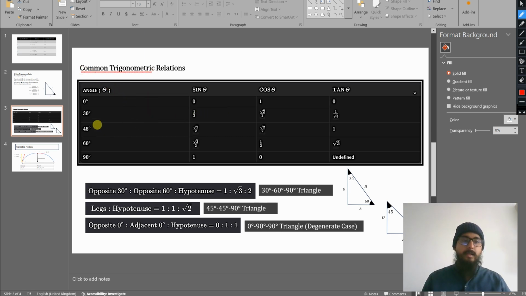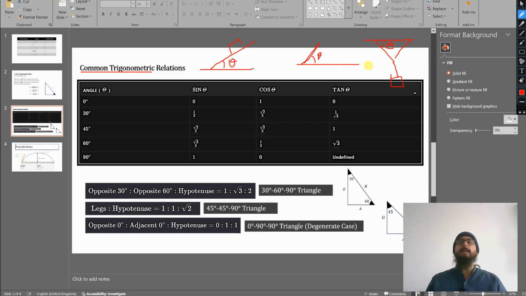Why do I call them special? Because whenever you have a question, for example, where something is moving on a slope, and that slope is at some angle theta from the ground, or something is thrown at a certain angle theta, or there could be other cases such as in mechanical physics, a rope holding a weight, and theta is the angle between the rope and the horizontal upper wall.